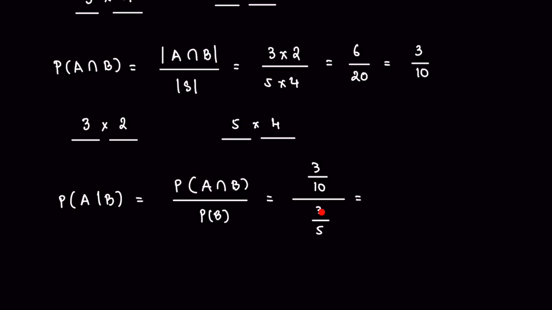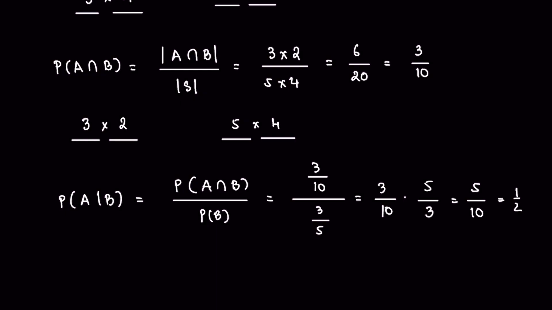Because you are dividing fractions, you can turn this into a multiplication by the reciprocal. So that is 3 over 10 times 5 over 3. This gives you 5 over 10, or 1/2. So there is a 50% chance of getting a red marble on the second draw, given the first draw also gave you a red marble.